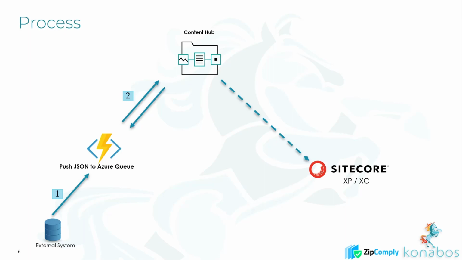That's the key to Content Hub: you can't just think of the web channel, it's multiple channels, and somehow getting it back into XP or XC, so at least one of the channels, the front end site, can show those.